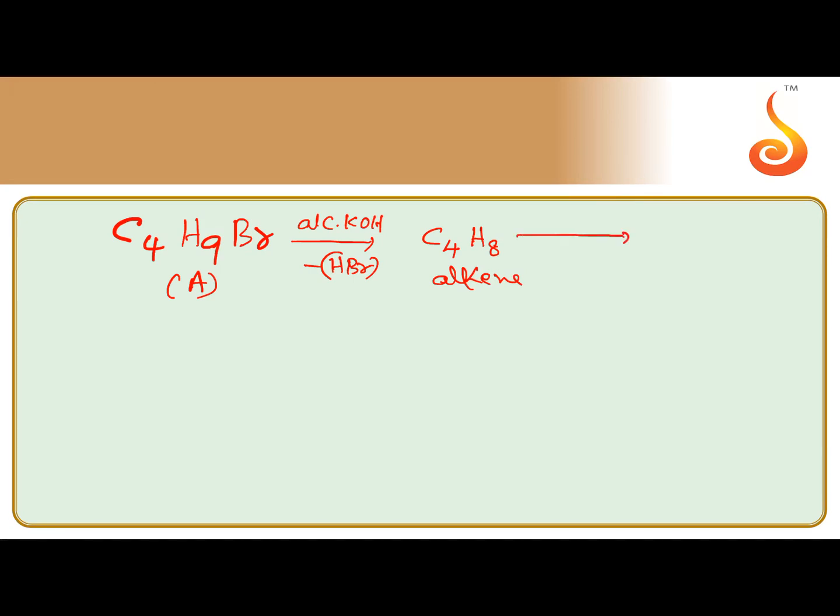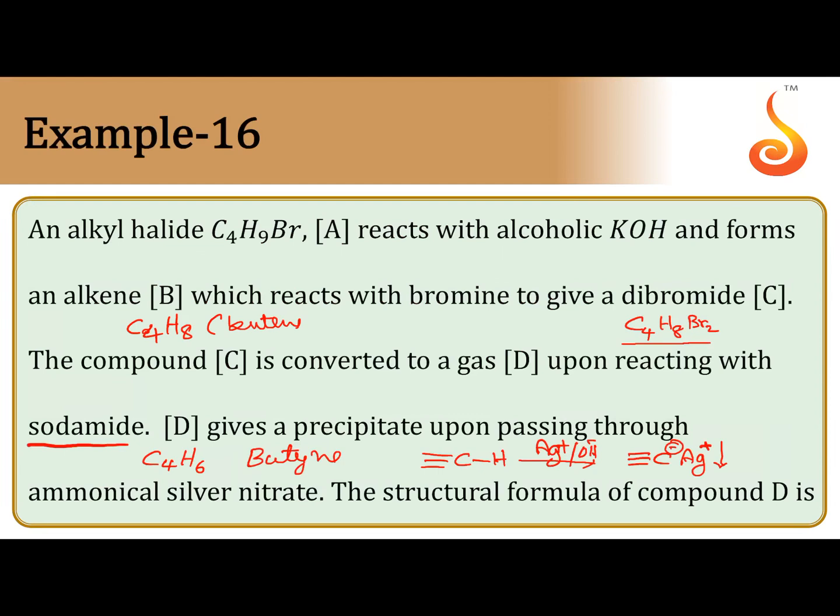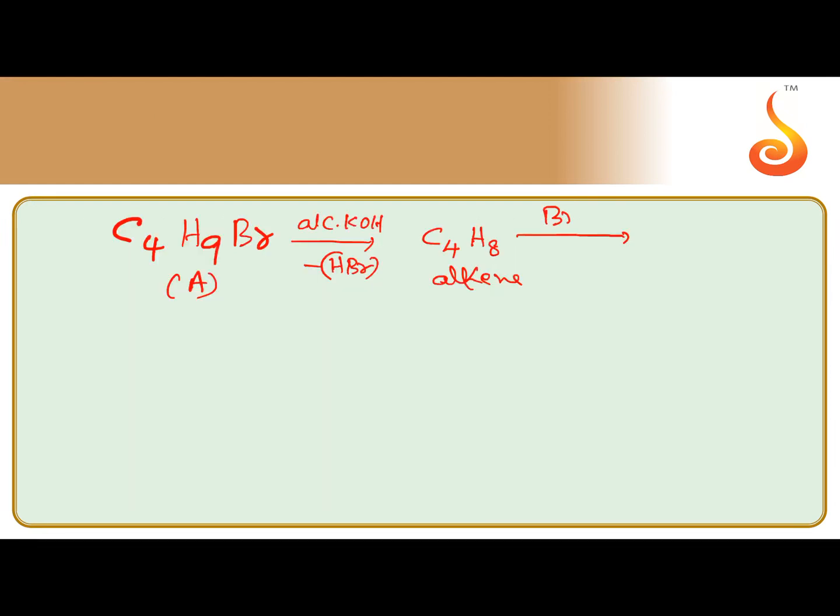On reaction with bromine it gives a dibromide, C4H8Br2. You remember, 2 bromines are on adjacent carbons. This is nothing but a vicinal dibromide.